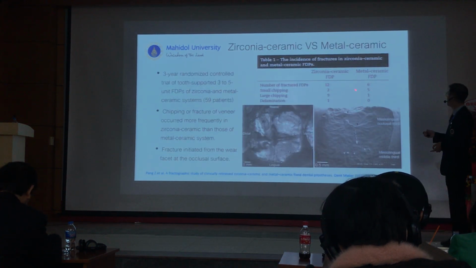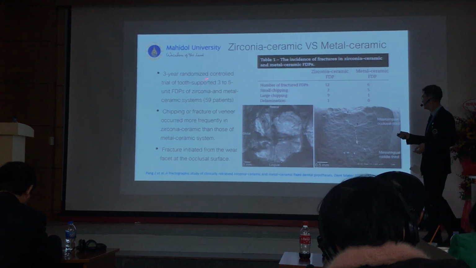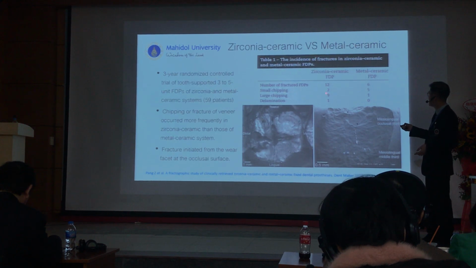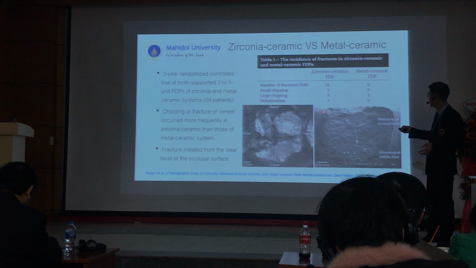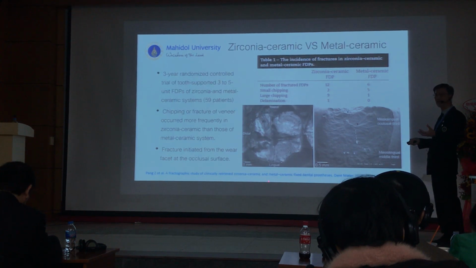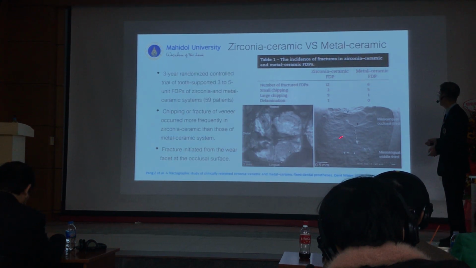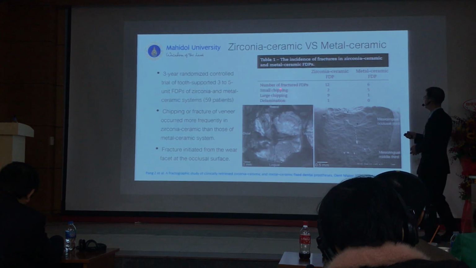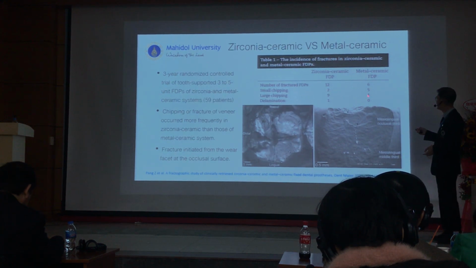And if you see the number of zirconia chippings compared to the metal ceramic, this is like a clinical study. So we found that there's a lot of chipping, large chipping, small chipping, even delamination. This means everything came off the structure of the zirconia. Compared to the metal ceramic, just a little bit of small chipping, some delamination. Okay.